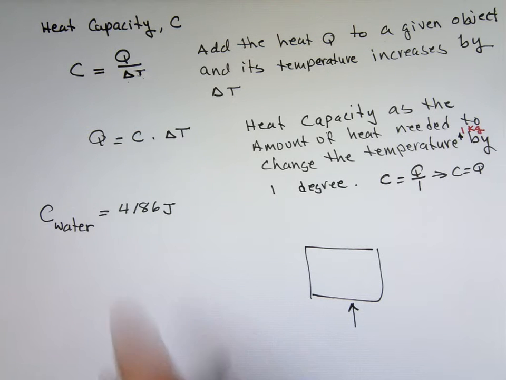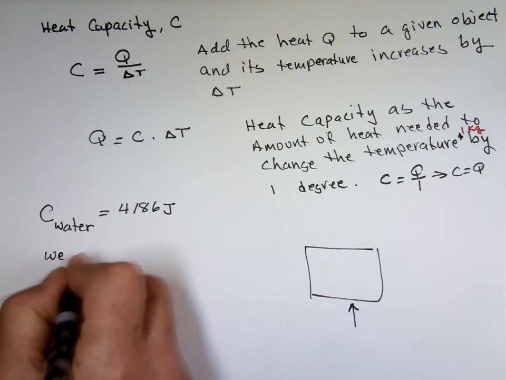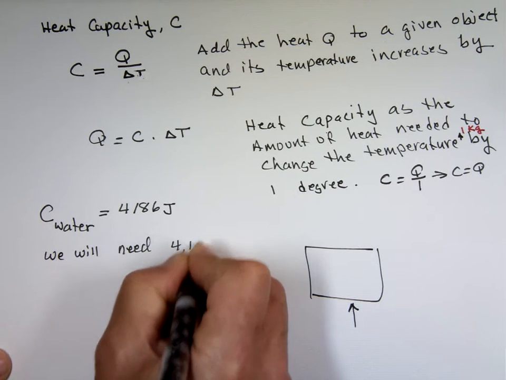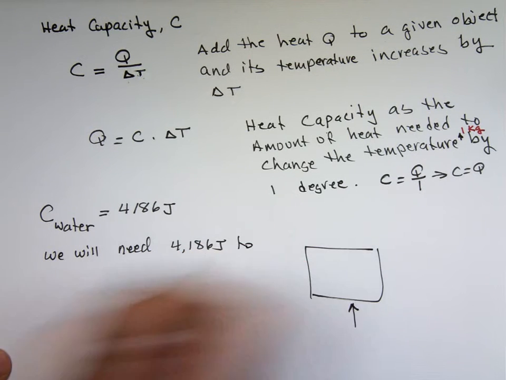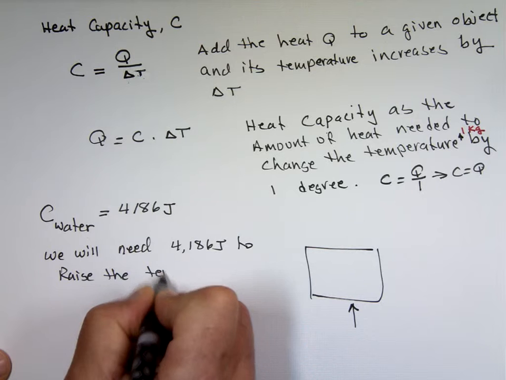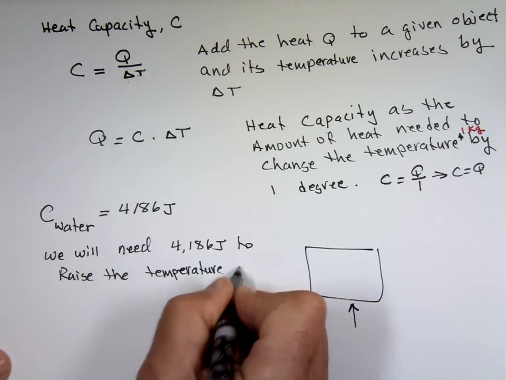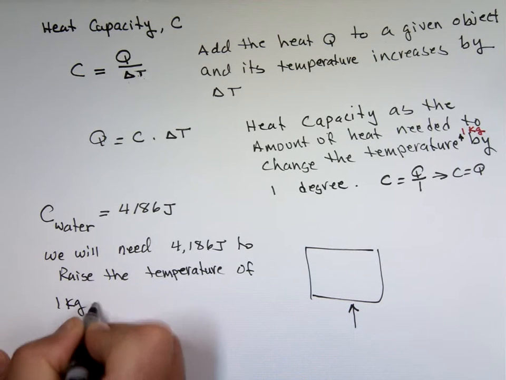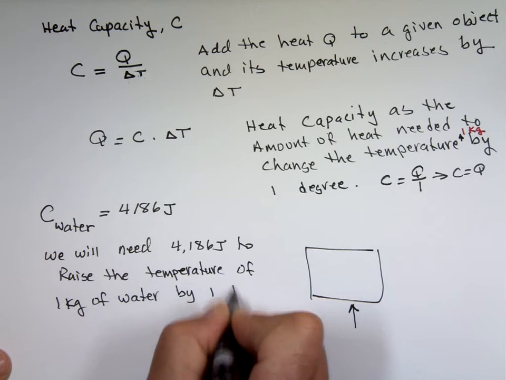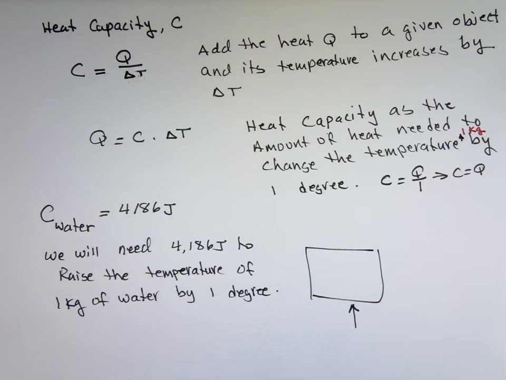So for water, the heat capacity is 4,186 joules. We will need 4,186 joules to raise the temperature of 1 kilogram of water by 1 degree. That's how much heat we're going to need. We need that much heat for 1 kilogram of water by 1 degree.